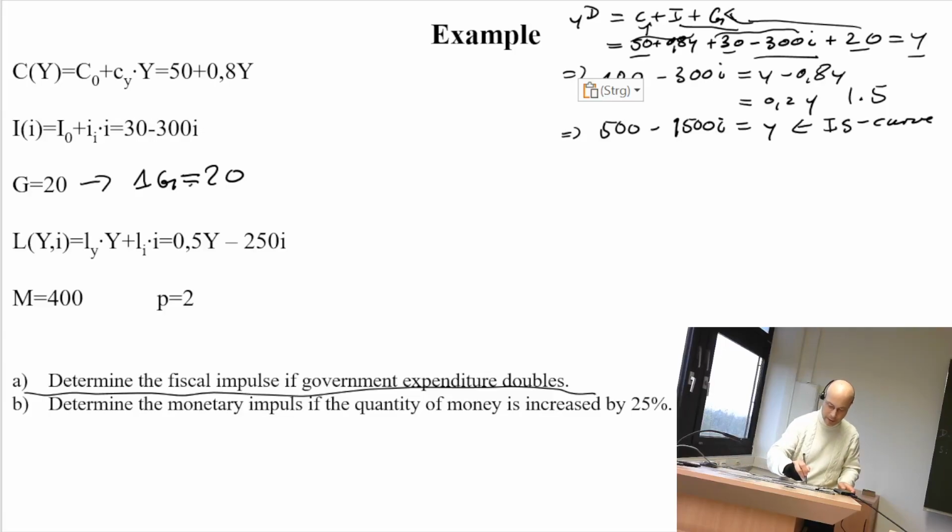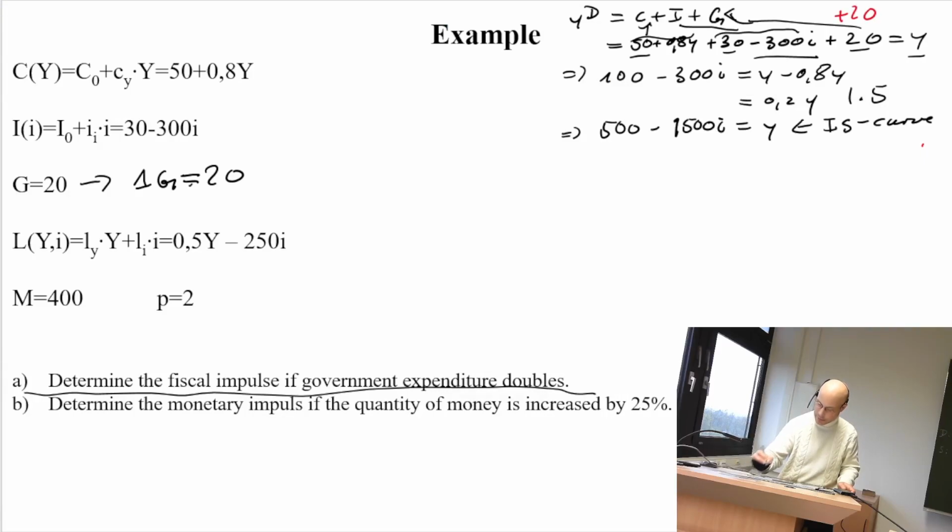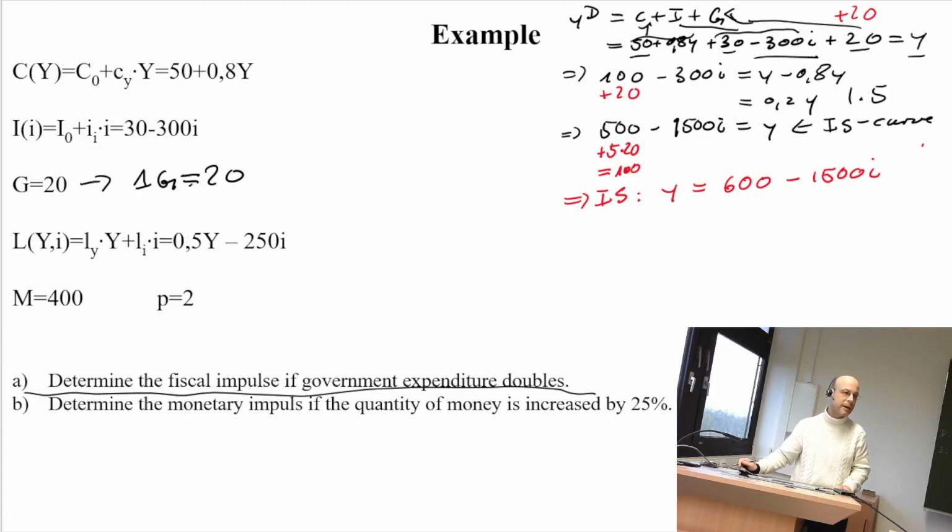It changes just our 20 here. So we have plus 20. We have multiplied by 5. 5 times 20 is plus 100. And so we obtain the new IS curve as Y is 600 minus 1500 minus i.